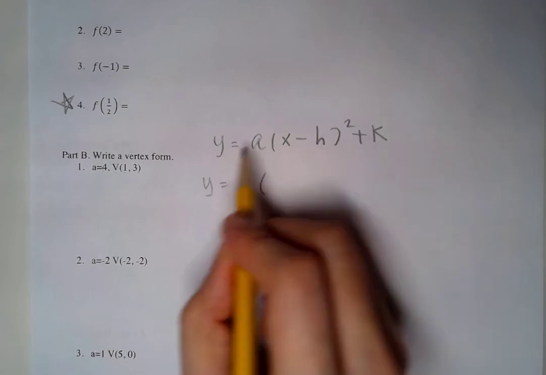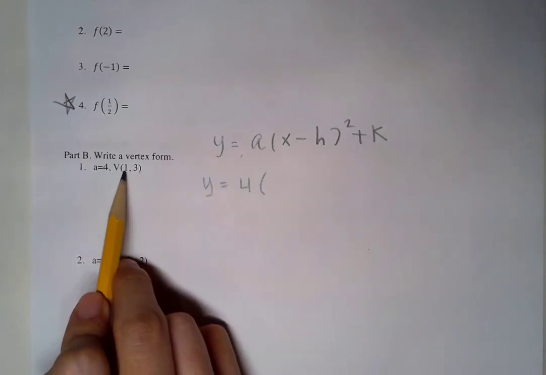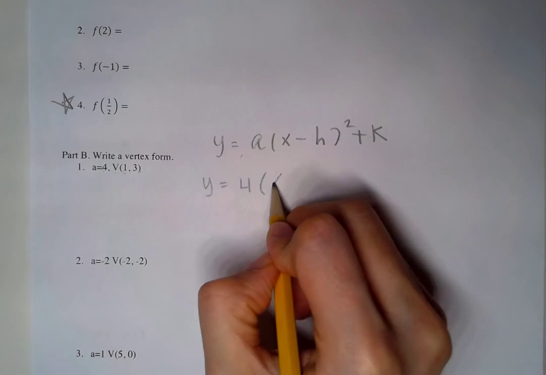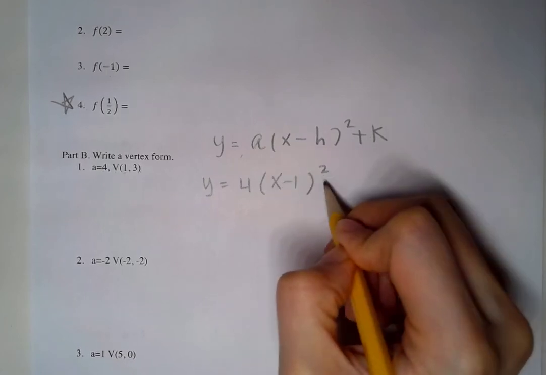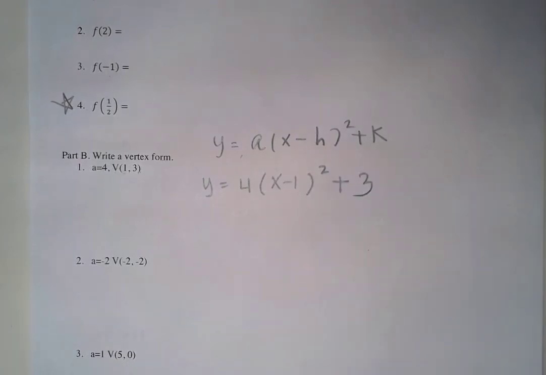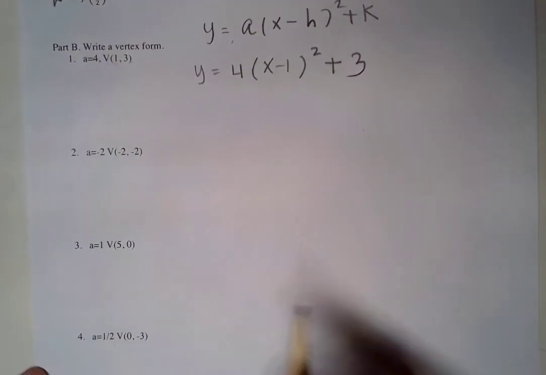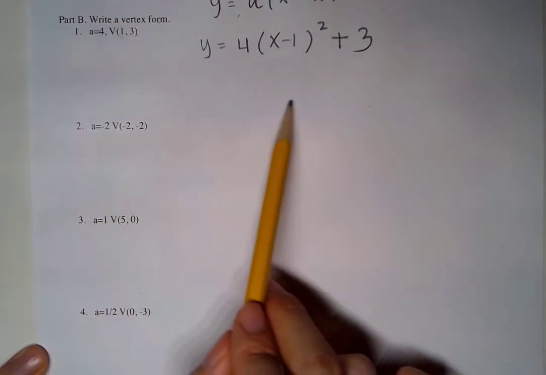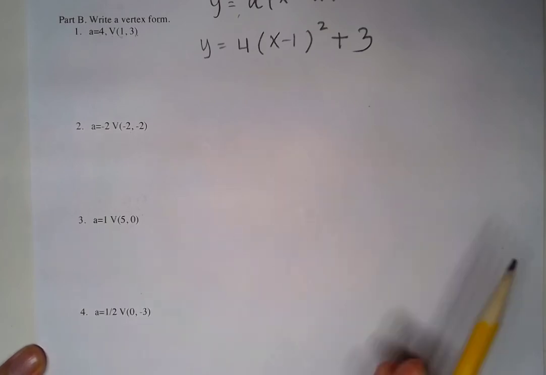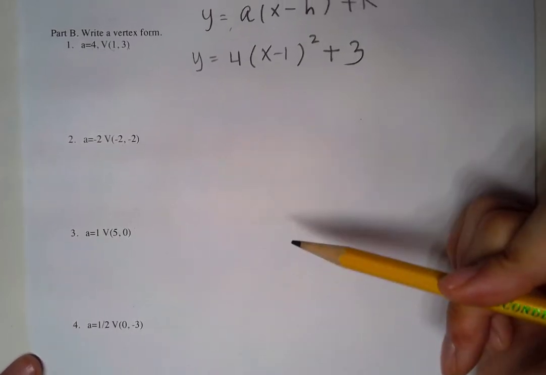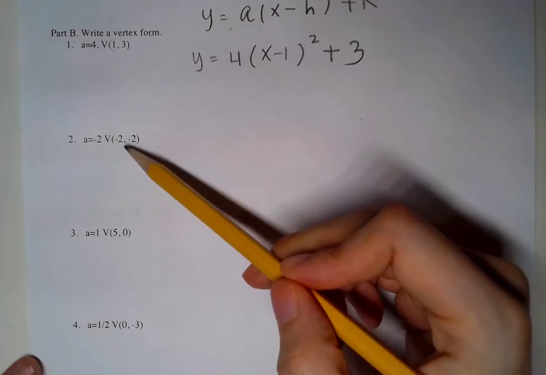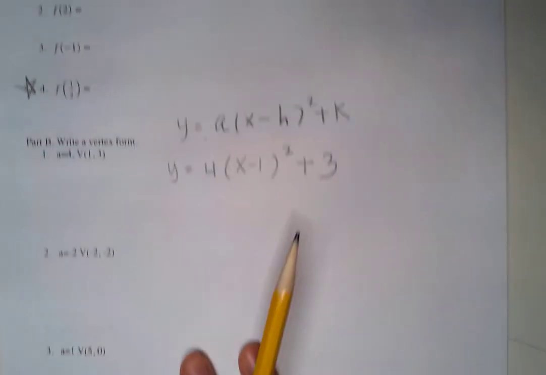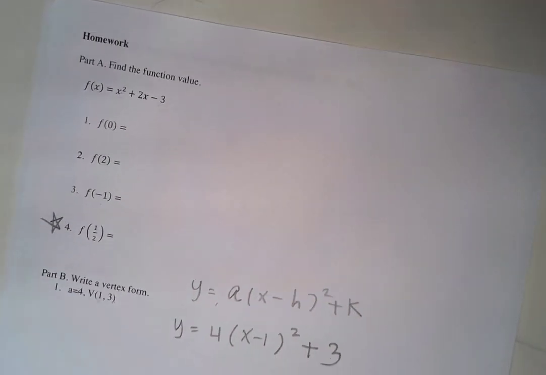And my vertex 1, 3. You change the x value. So it will be 4 times x minus 1 squared plus 3. Like this. Alright? So write vertex form using A and the vertex. You're doing this one. Alright? So I just want you to practice how to write it from your information. So try this.